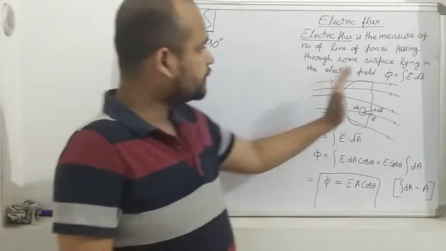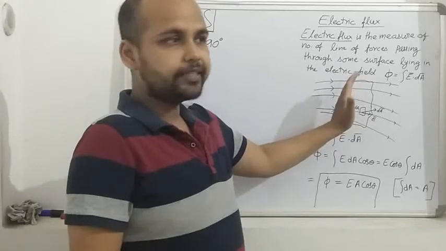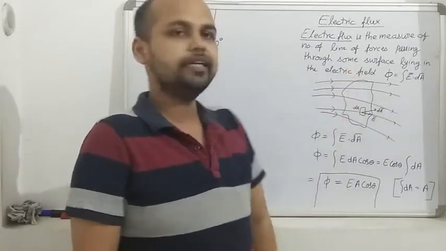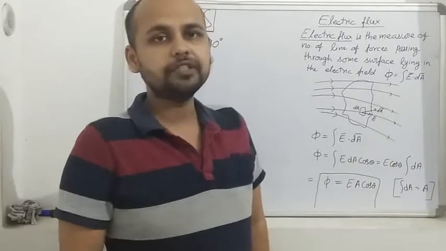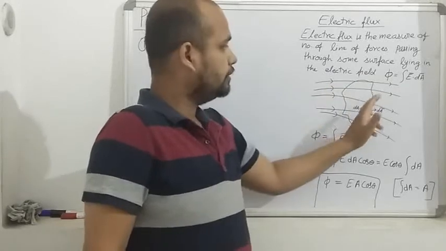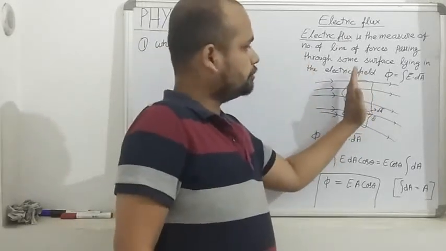That the surface which is lying in the electric field is totally perpendicular to the electric field. The plane of the surface is totally perpendicular to the electric field. Suppose the electric field plane is considered as this whiteboard and the surface is placed like this.